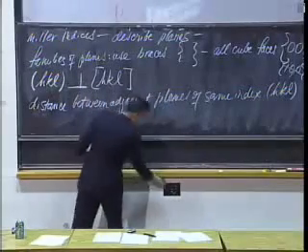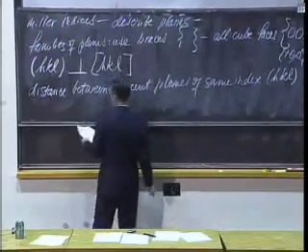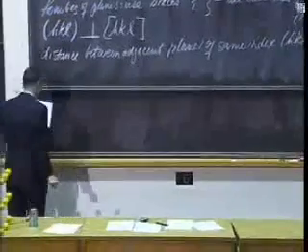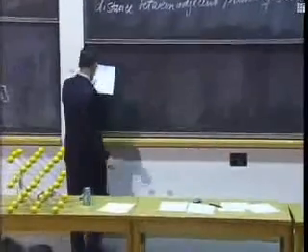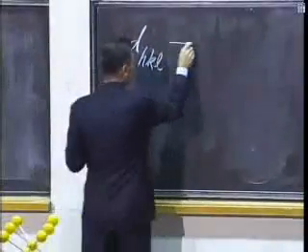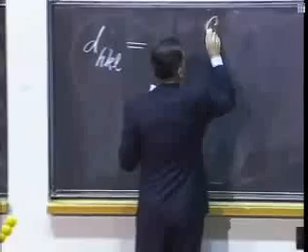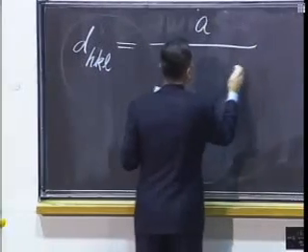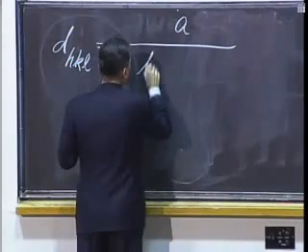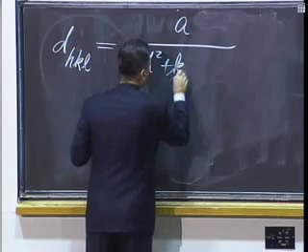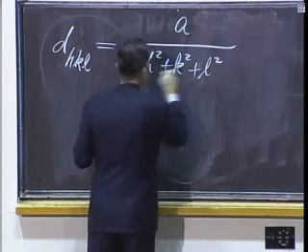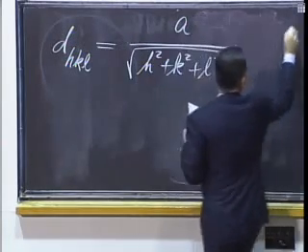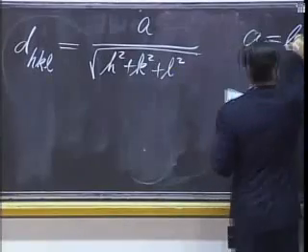And that's given by the following formula, which again is a testimony to Miller. The distance, and I'm going to subscript it hkl because they're all the same index, is given by a, which is the lattice constant, divided by the square root of h squared plus k squared plus l squared, where a is the lattice constant.